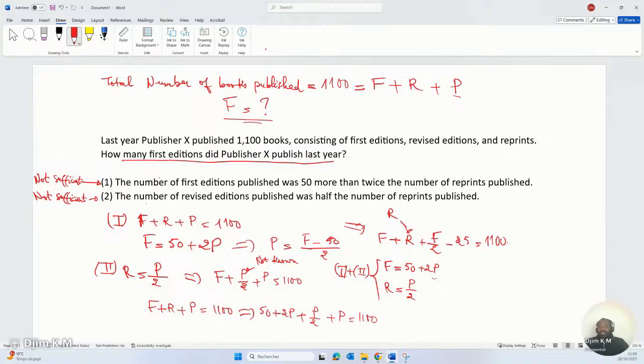So this will give us 3P plus P divided by 2 equals, the 50 will go on the other side, 1050.